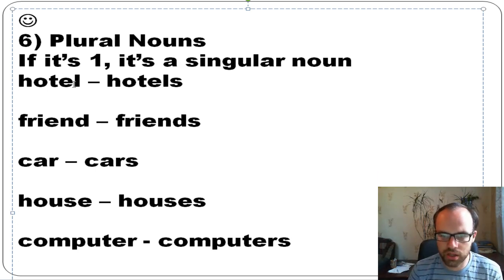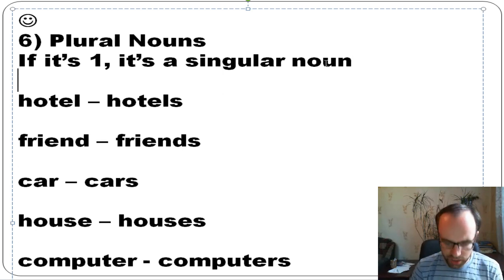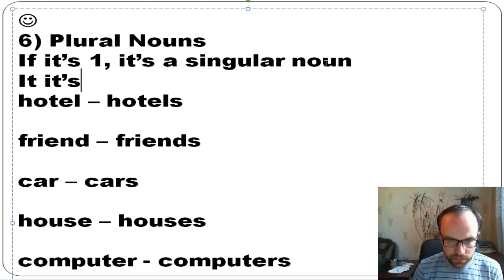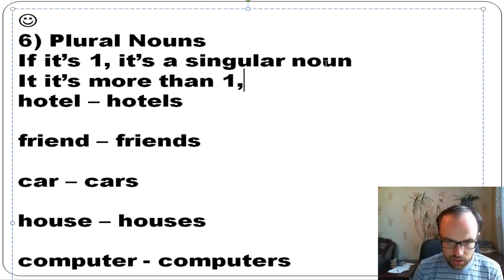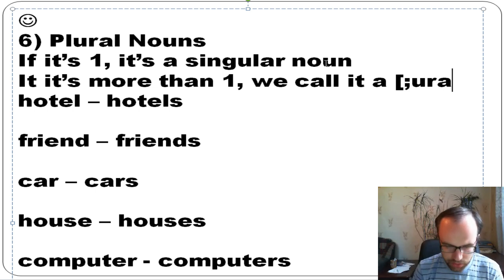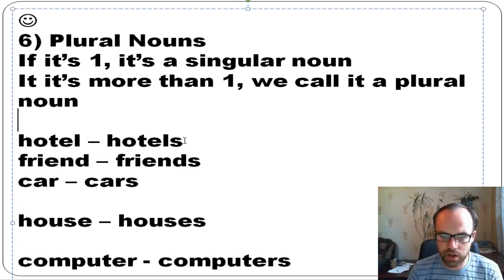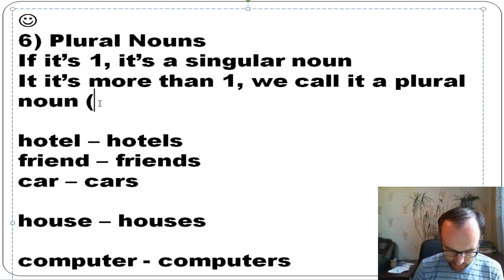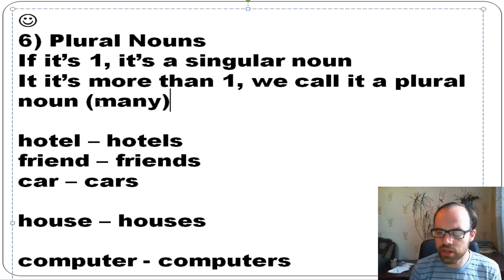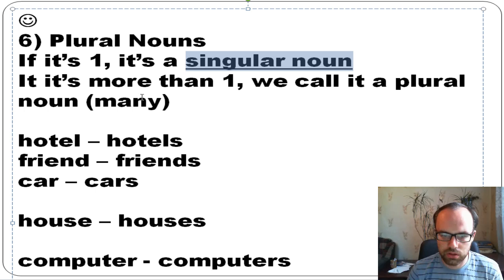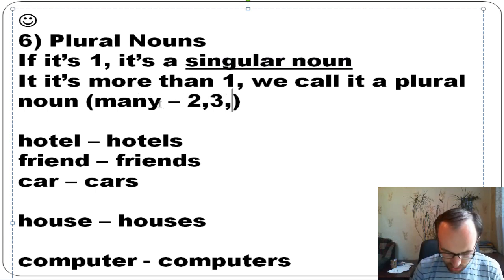If it's more than one, we call it a plural noun. Hotels, many hotels. Maybe 2, maybe 3, maybe 4. If it's one, it's a singular noun. If it's more than one, we call it a plural noun.